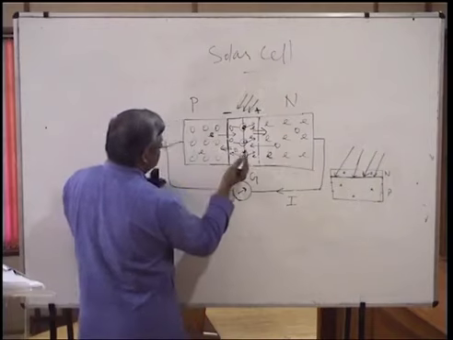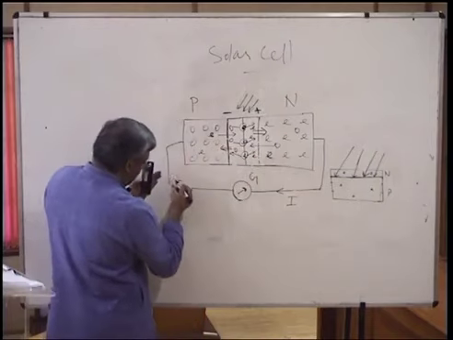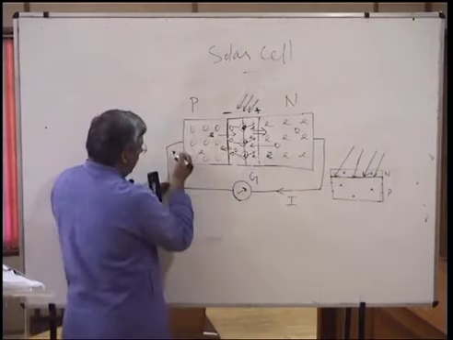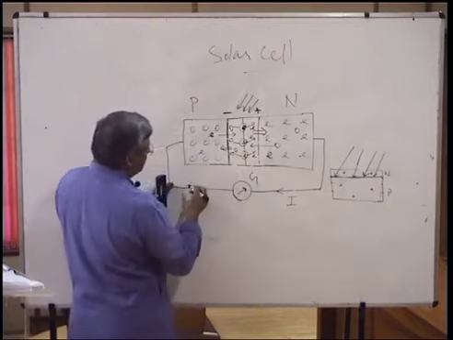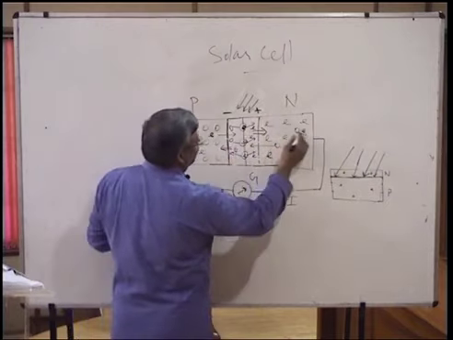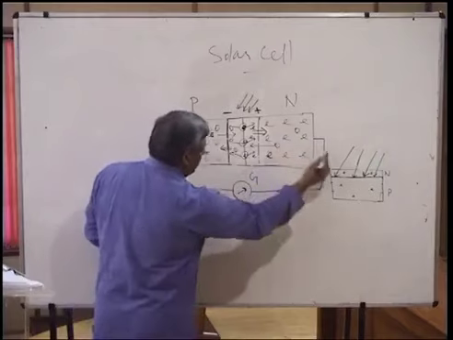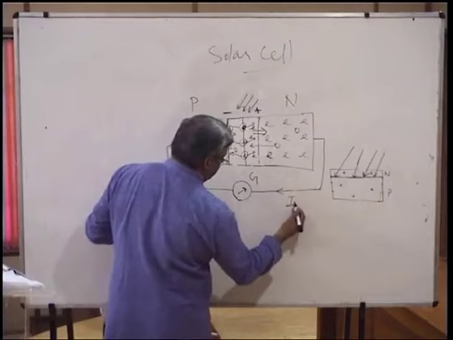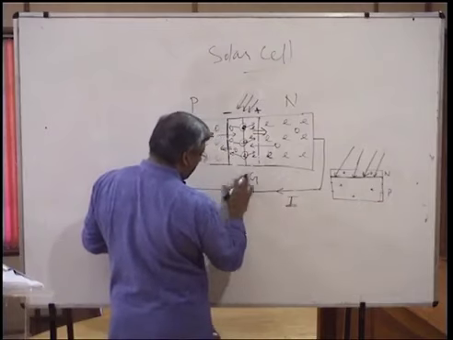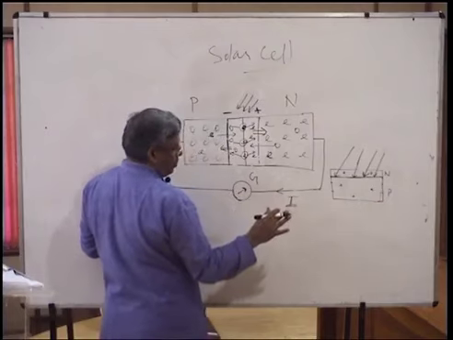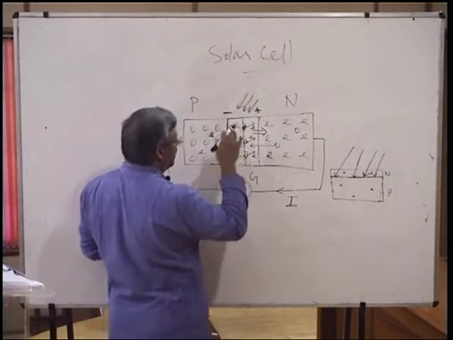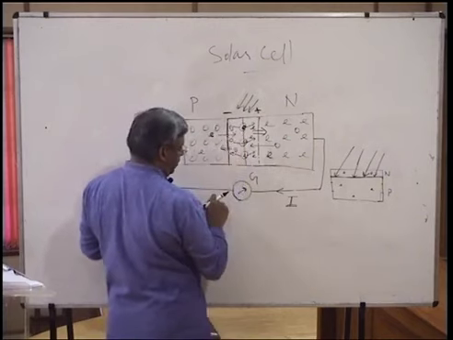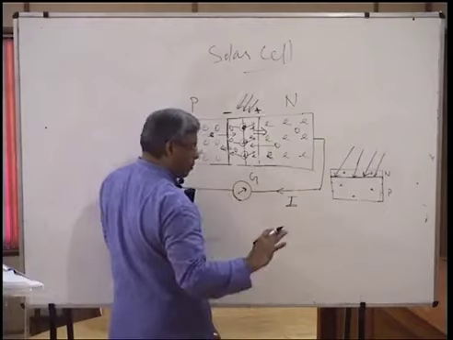So in other words, the holes will be moving in the anti-clockwise direction, and electrons will be moving in the clockwise direction through the circuit, which will be making a current. And that current can be connected to any load to do its job. So this will be creating real electrical power, which can be used for different purposes.